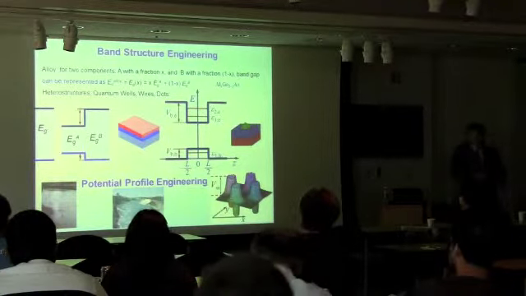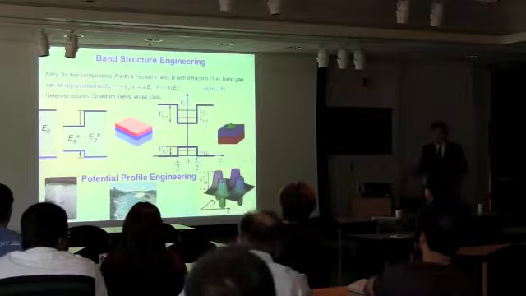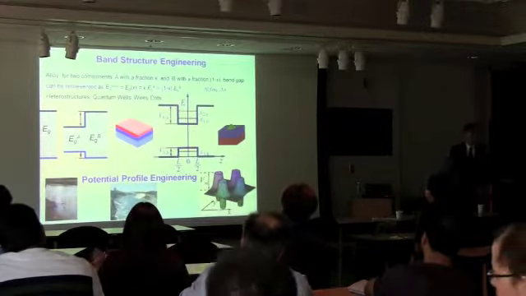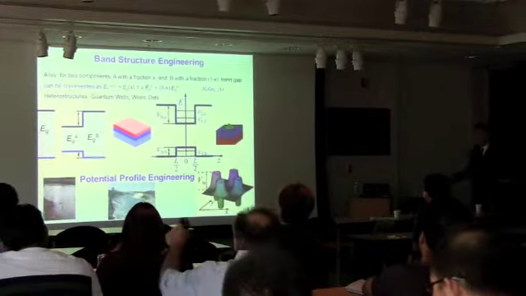The next step, which is more popular but also combined with the first approach: you have material A and material B with two different band gaps, but you put one on top of another, and now you have engineering of your band gaps.